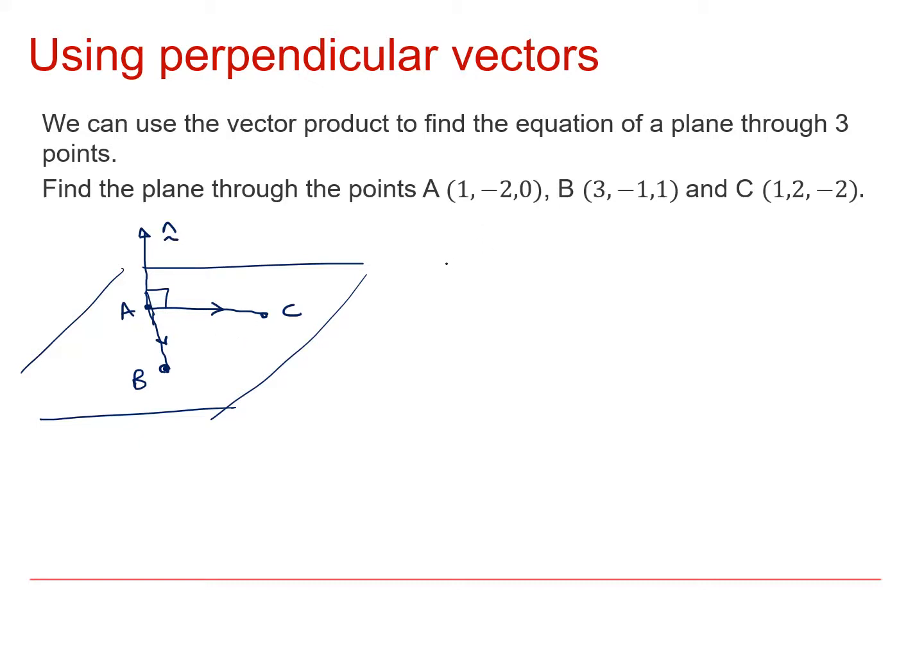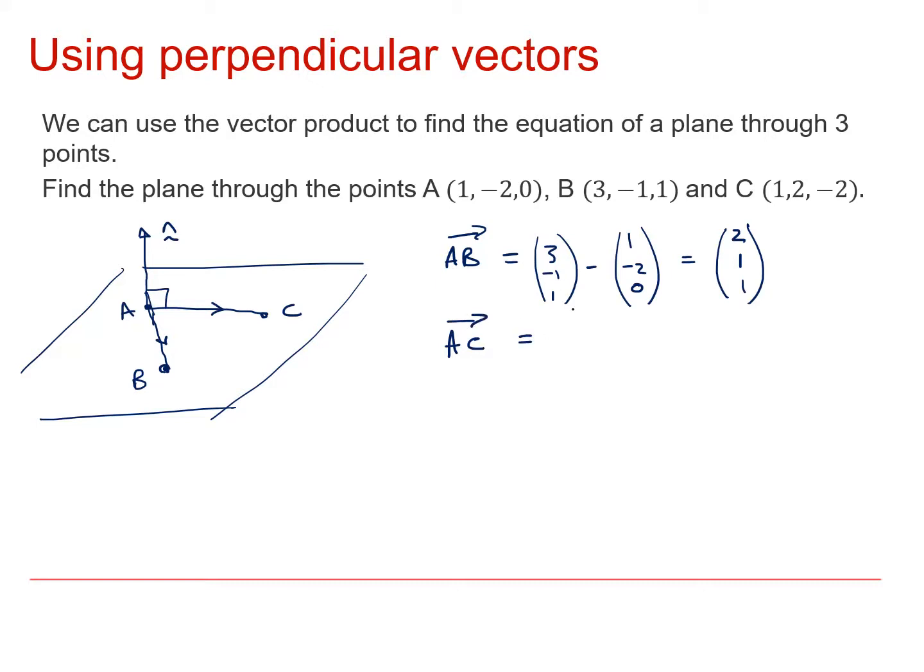So if I look at AB first of all, (3, minus 1, 1) minus (1, minus 2, 0). And that's (2, 1, 1). AC is (1, 2, minus 2) minus (1, minus 2, 0).